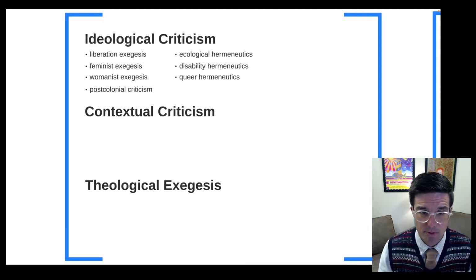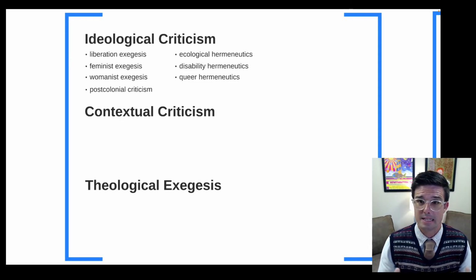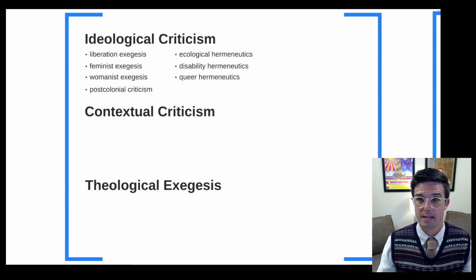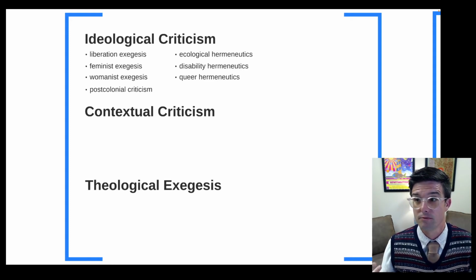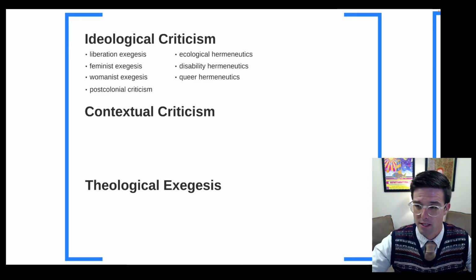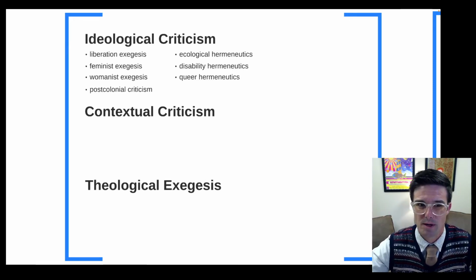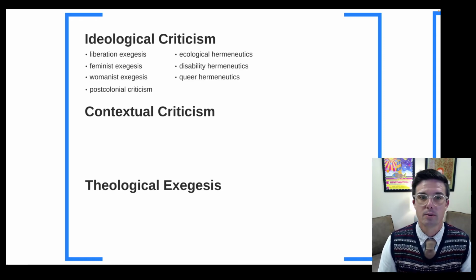Some examples, and the primary examples, are liberation exegesis, the idea of approaching the text through the lens of liberation, that God is always first and foremost for the oppressed. If we start with that and approach the text with that idea, how is that going to change the way that we think of it? Feminist and womanist exegesis are closely related to one another.